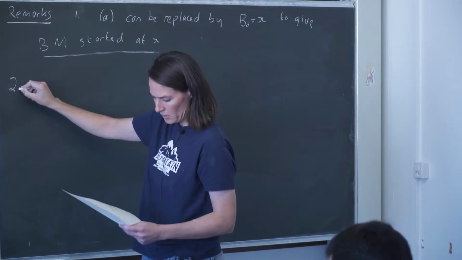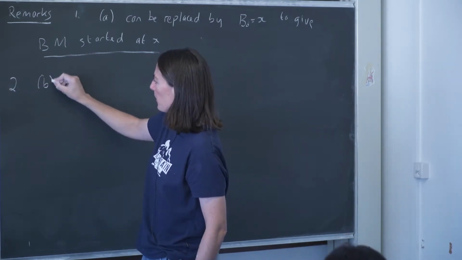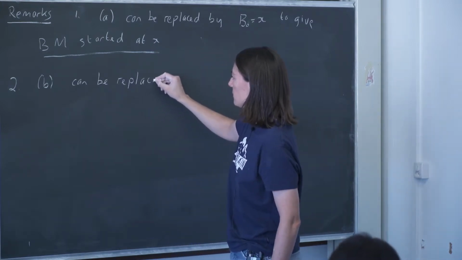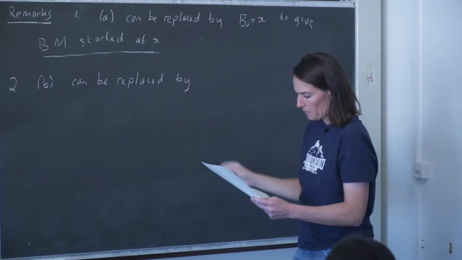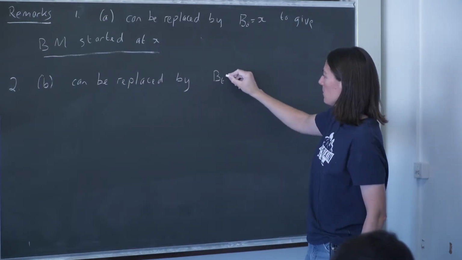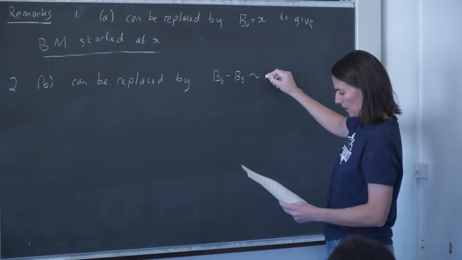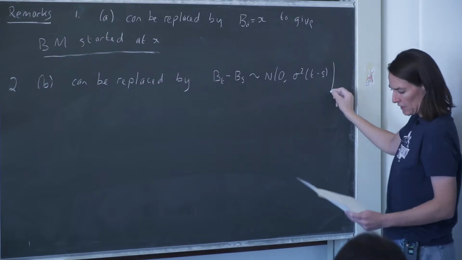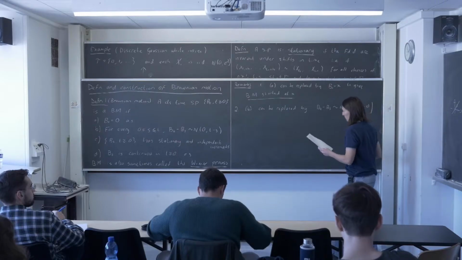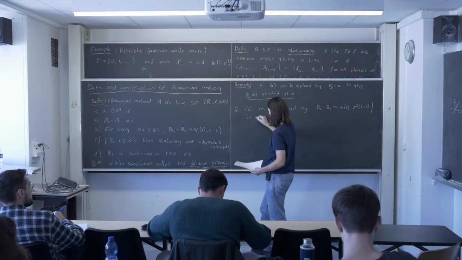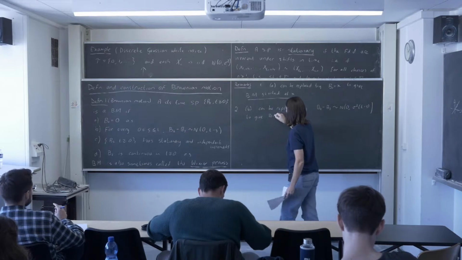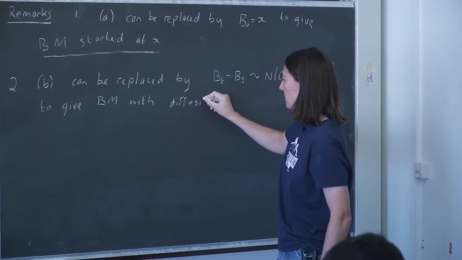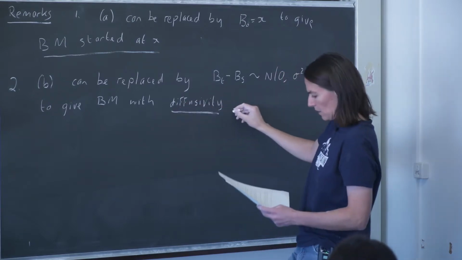Remark number 2 is that (b) can be replaced by B_t minus B_s is normal with mean 0 and variance sigma squared times (t minus s), to give Brownian motion with diffusivity sigma squared.